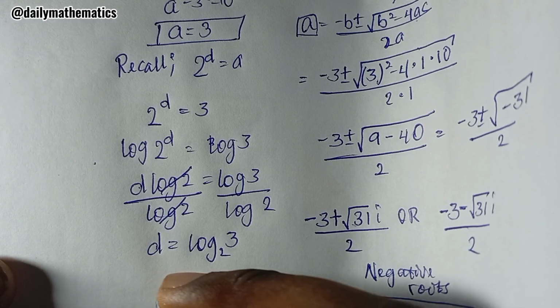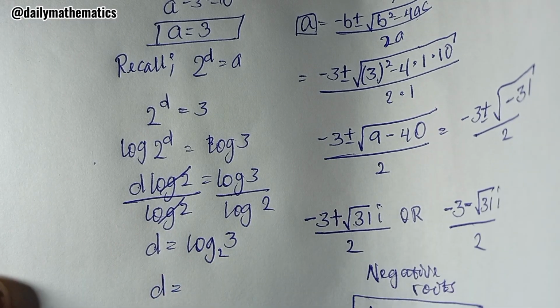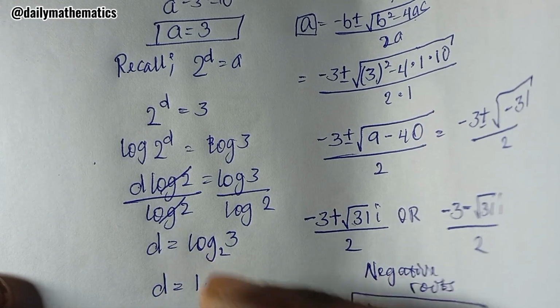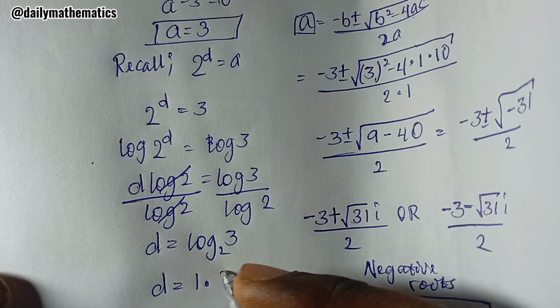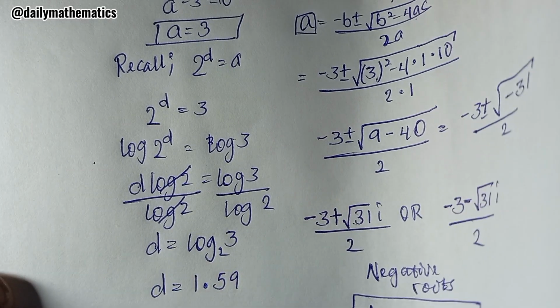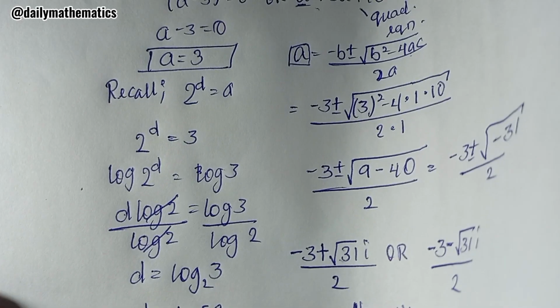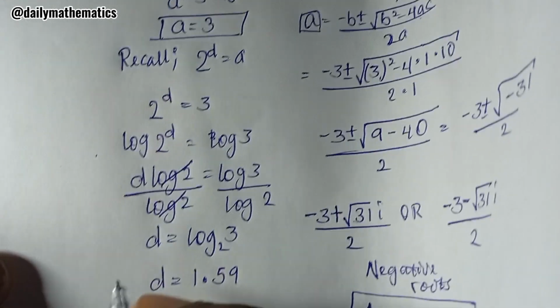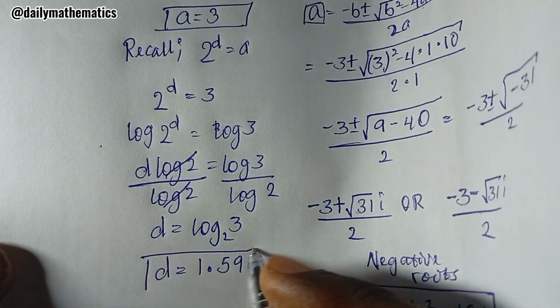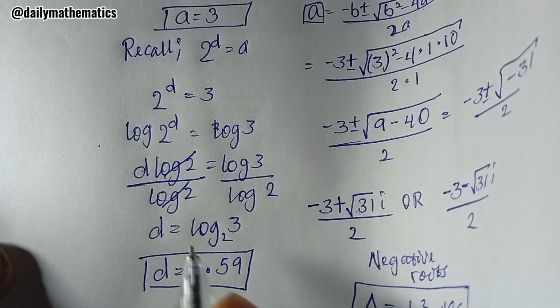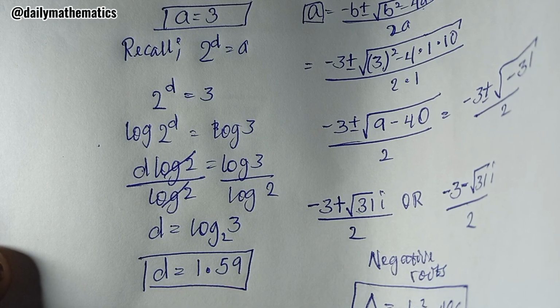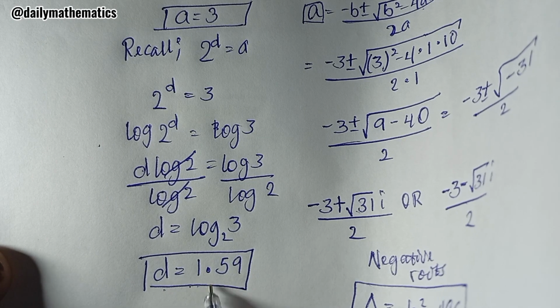And the numerical value for d is approximately 1.59. So d is log 3 base 2, which is approximately 1.59.